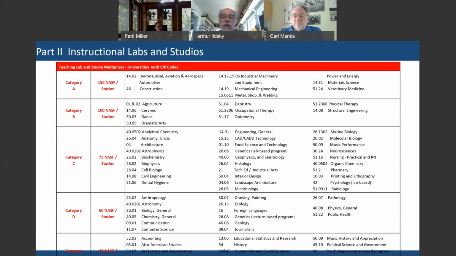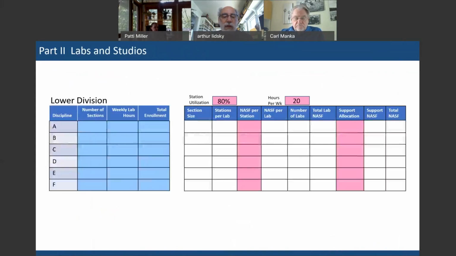These require more space per student than someone in, for instance, category D, which would be anthropology, biology, foreign language, and so on. So essentially what you need to do is decide which category for the sections that you're going to be looking at.